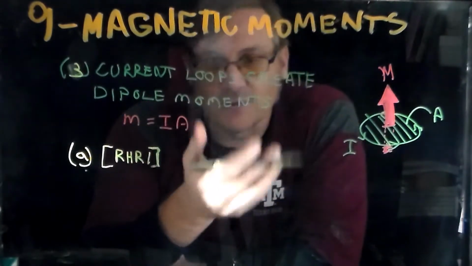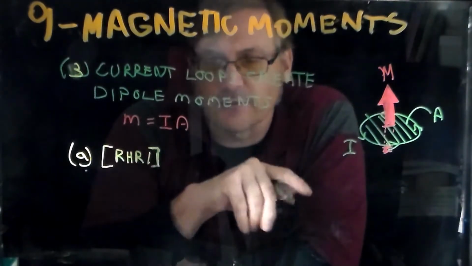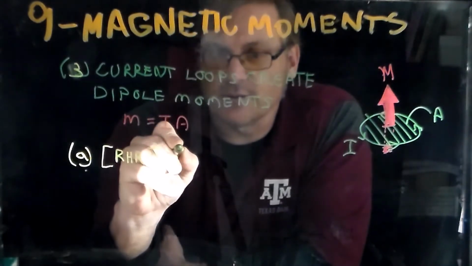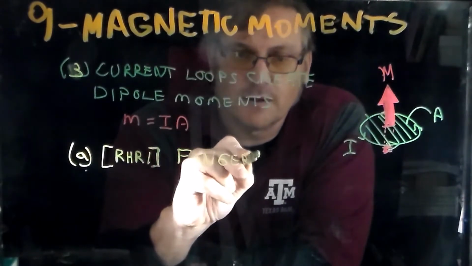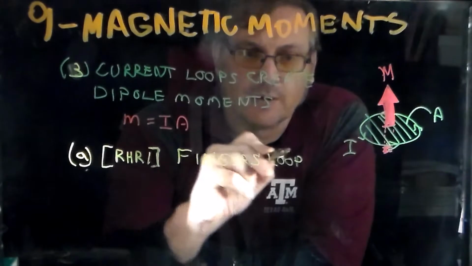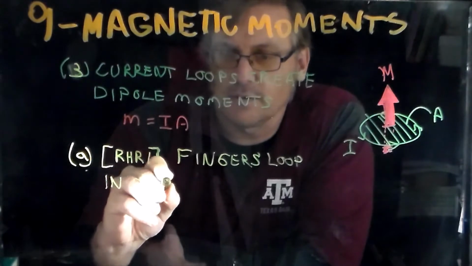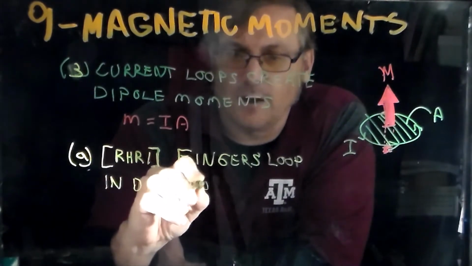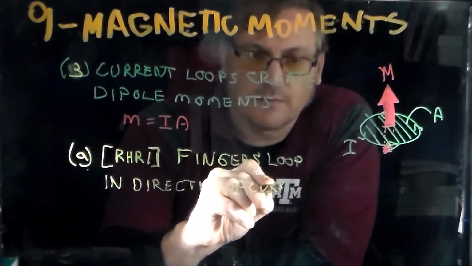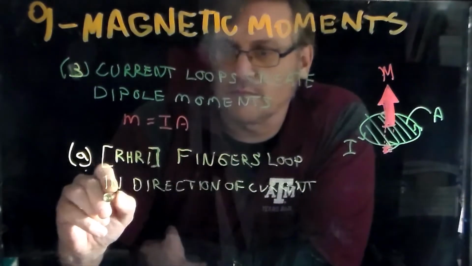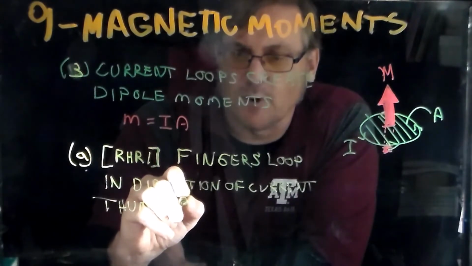They're all the same rule. It's just that the applications are just different enough that translating from one to the other gets difficult. And basically it says you take your fingers and you loop them in the direction of the current, and then you stick out your thumb. That thumb is in the direction of your magnetic moment.